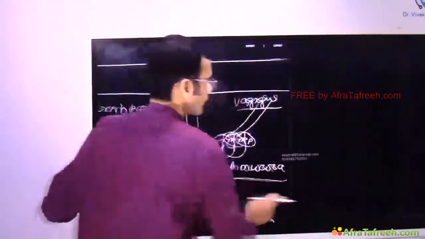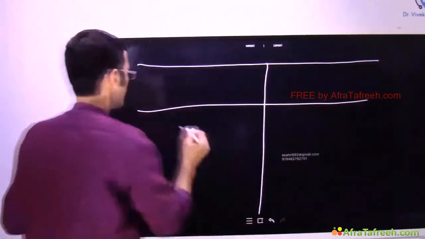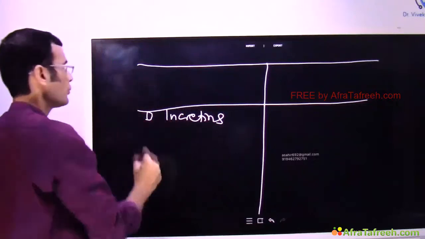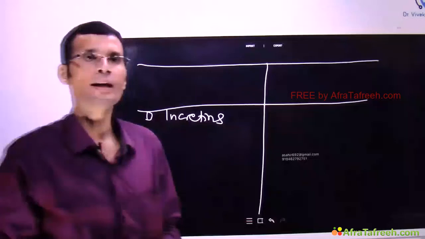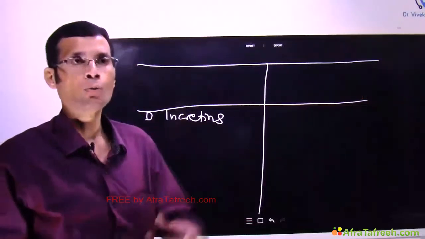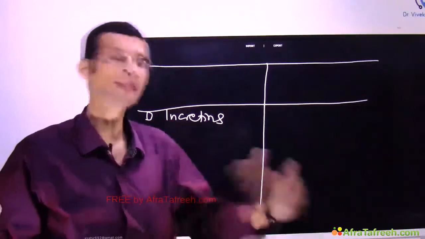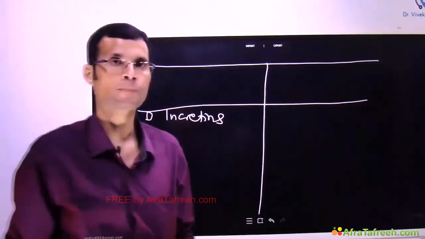Then next, incretins. What are incretins released by the GI mucosa? Now we know that oral glucose causes more insulin secretion compared to intravenous glucose, IV glucose.